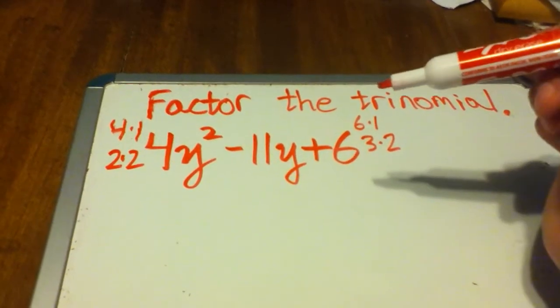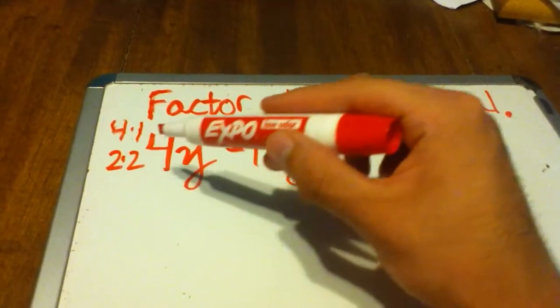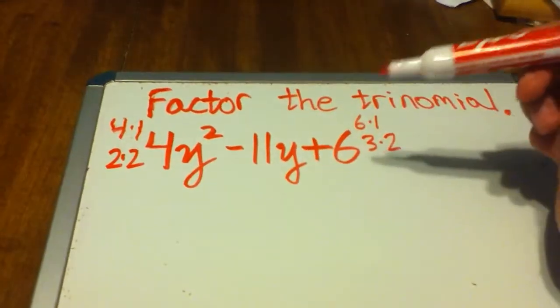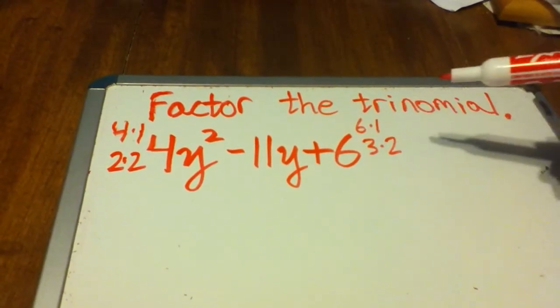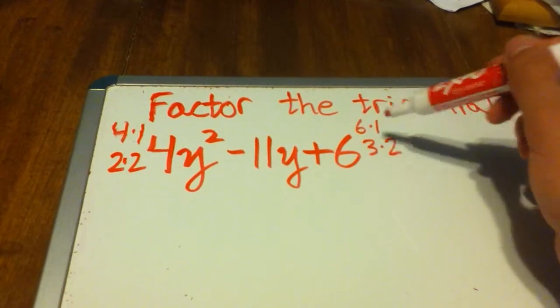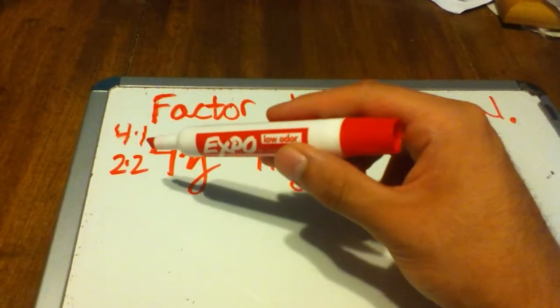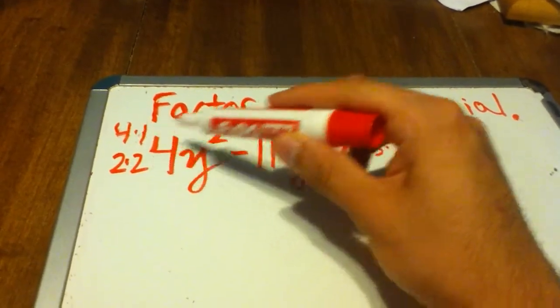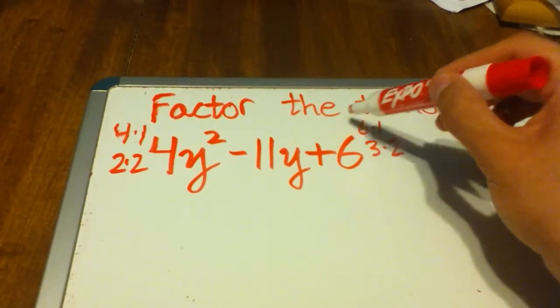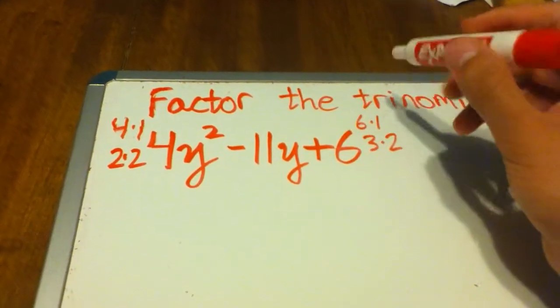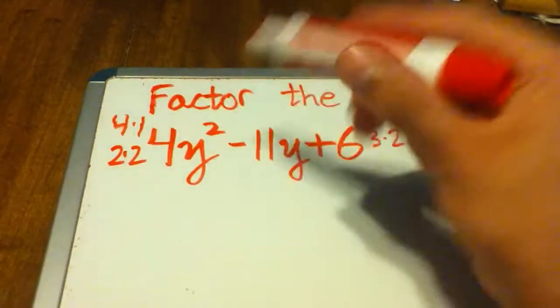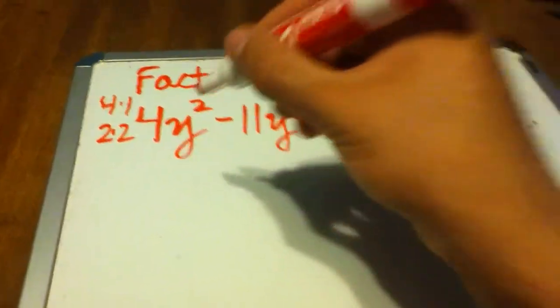What do I mean by that? Basically, you're going to have 4 times 1, and you're going to have maybe a 6 times 1. Now, if I have that, keep in mind our values right here are going to be multiplied by whatever numbers we have here. So, for instance, it might be better for me just to show you.